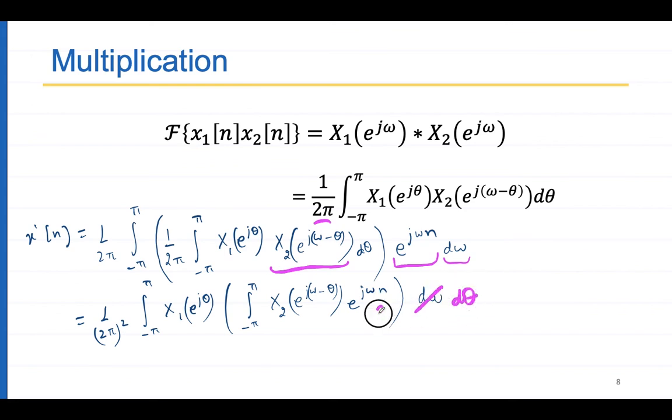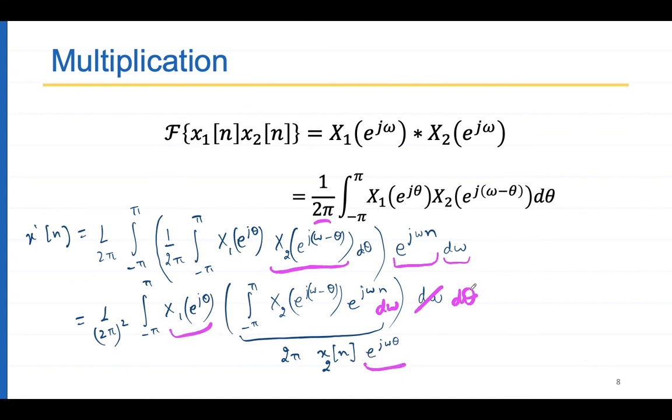Let us say I take my d omega inside, and this term is what you know, 2 pi times x2[n] into e to the power j theta n. So a shift in frequency is like multiplication by a phase term in the time domain. Now likewise you consider the other term also, e to the power j theta n into X1(e to the power j theta).